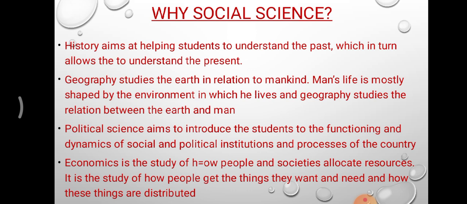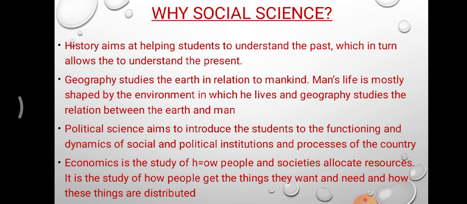Man's life is mostly shaped by the environment in which he lives, and geography studies the relations between the earth and man.